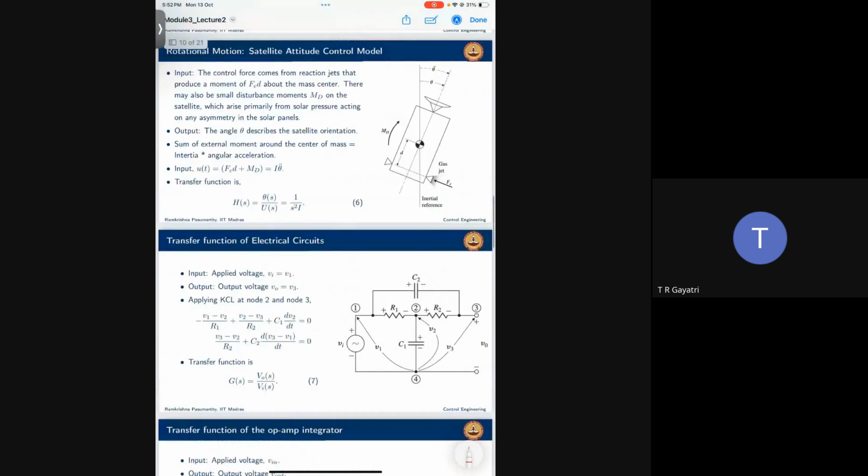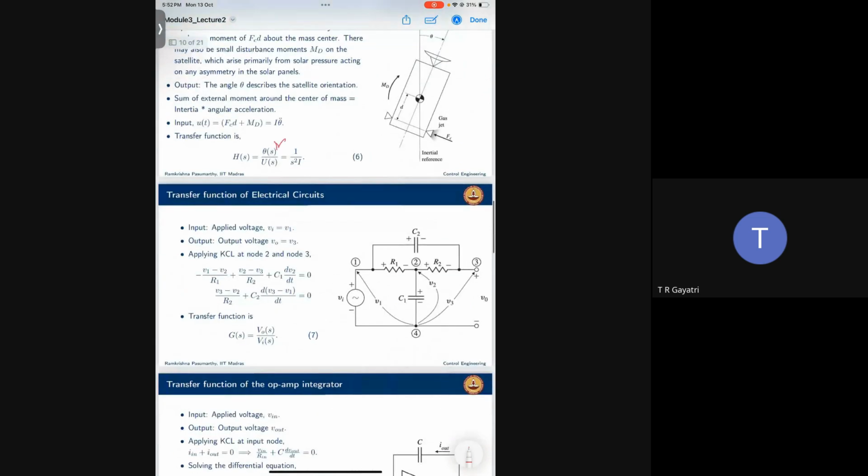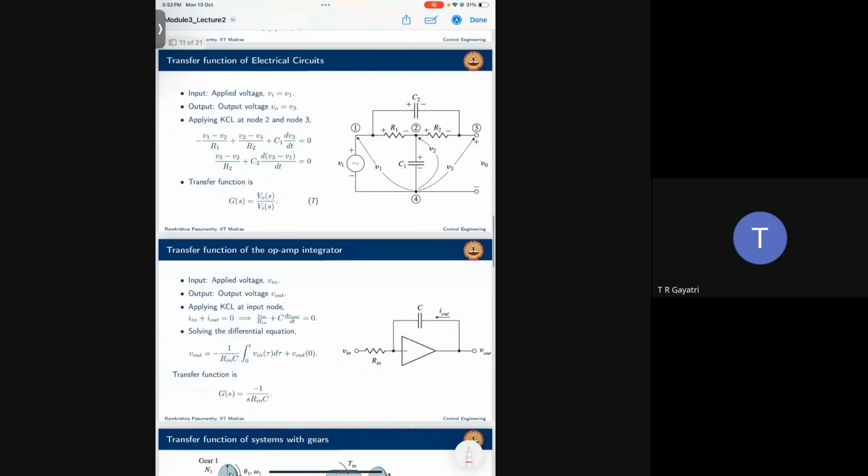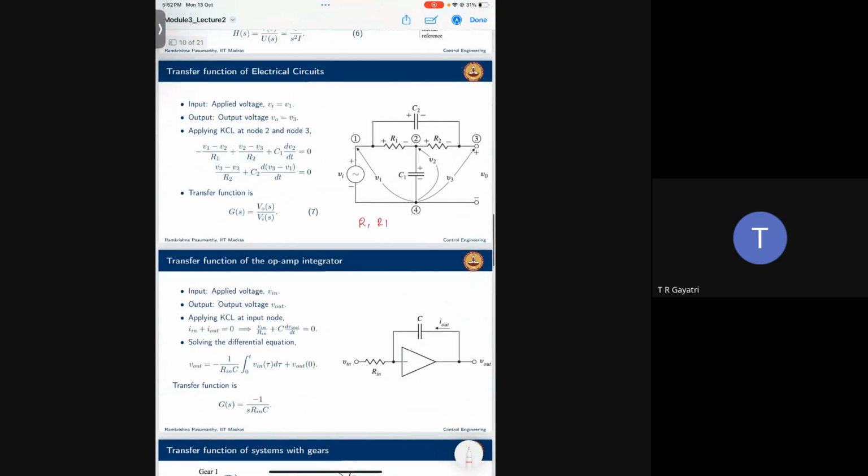We have a rotational system where we have inertia, theta dot, angular position, angular velocity. So these are some examples that involve that. Electric circuits: R, RLC, RL, and maybe RL parallel circuits, RLC parallel circuits.